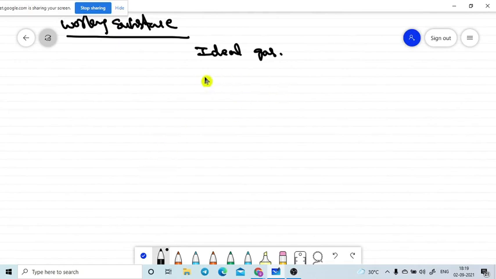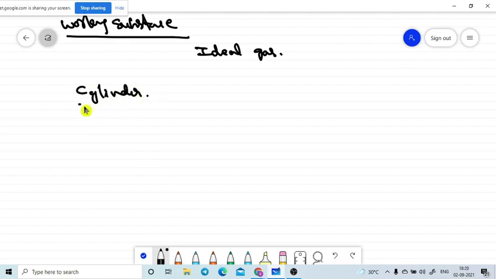Now, to hold this ideal gas we need to use cylinders, which consist of the working substance and a cylinder.